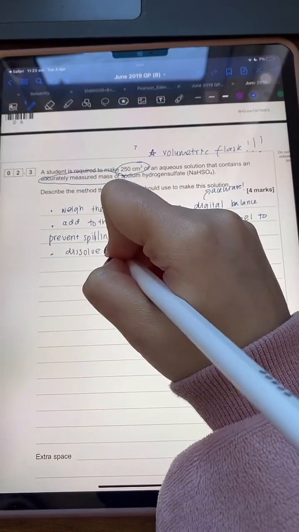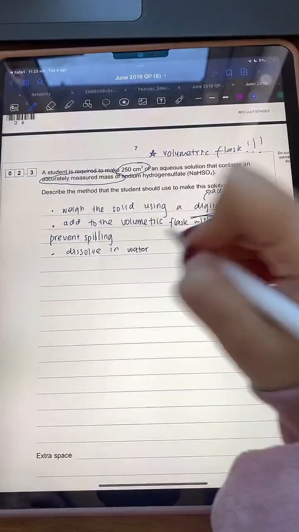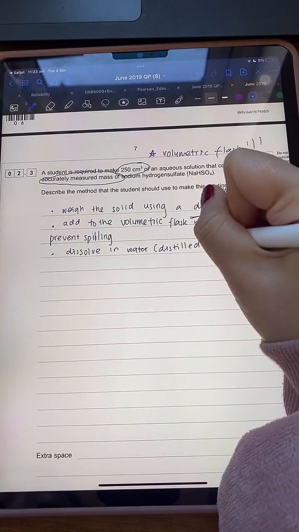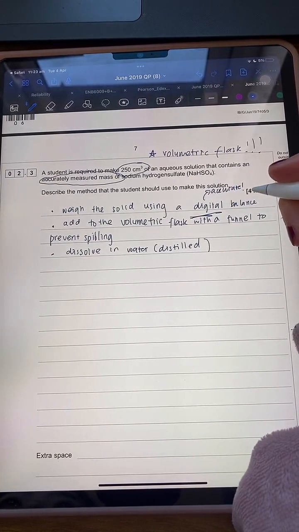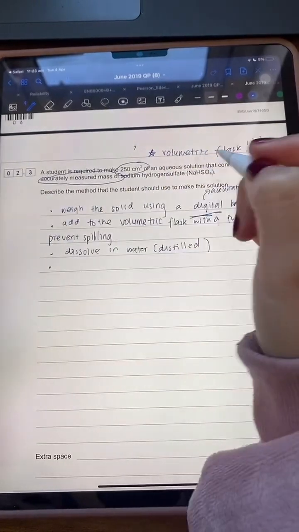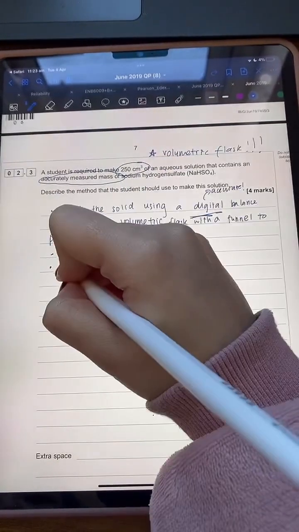So, dissolve in distilled water, preferably. And then, I think I'm missing something. Let me just read what I wrote. Add to the volumetric flask with a funnel to prevent spilling.